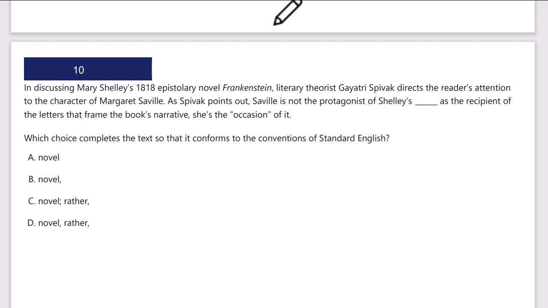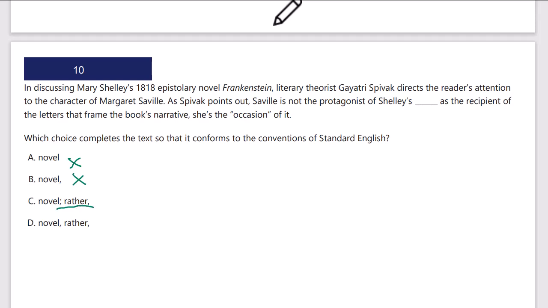Novel, blank, as recipient of the letters that frame the book's narrative, she's the occasion of it. Recipient. So novel, comma, as the recipient. I don't think that's right. I don't think either of these is going to be correct with a comma. Probably in this case, it's going to be a semicolon. Let's just make sure.